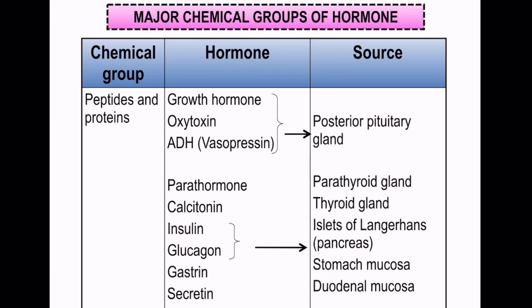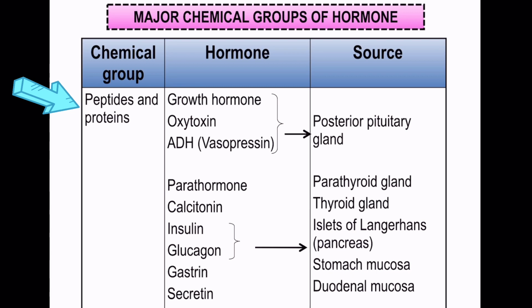Next, this shows the major chemical groups of hormones, the examples of hormones, and the source of gland from which the hormone is secreted. The first chemical group is peptide and proteins, and their examples are growth hormone, oxytocin hormone, and antidiuretic hormone, also called vasopressin.